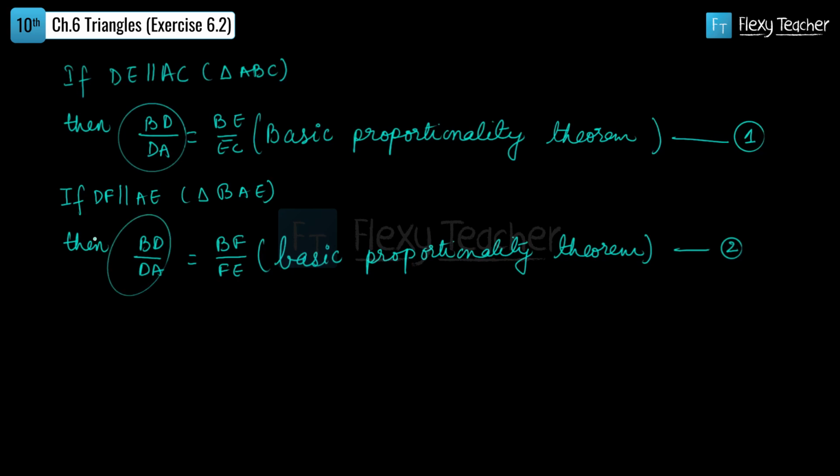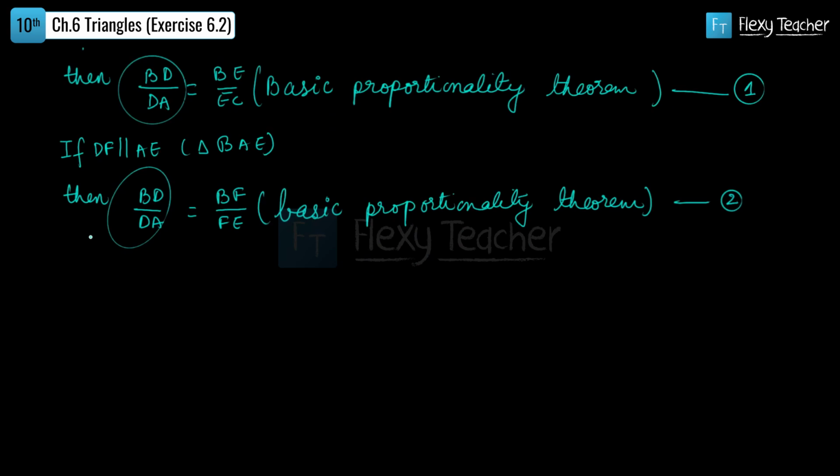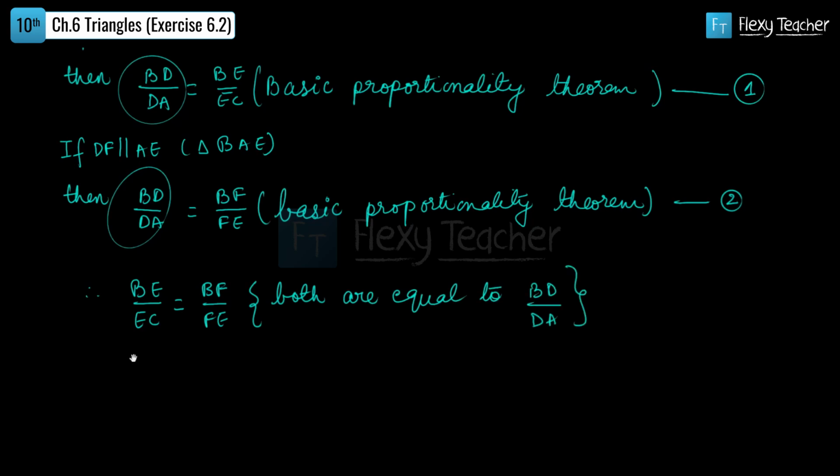Both the ratios BE upon EC and BF upon FE are equal to BD upon DA. Therefore, we can conclude that BE upon EC is equal to BF upon FE. Why? Because both are equal to BD upon DA, and this is proved.